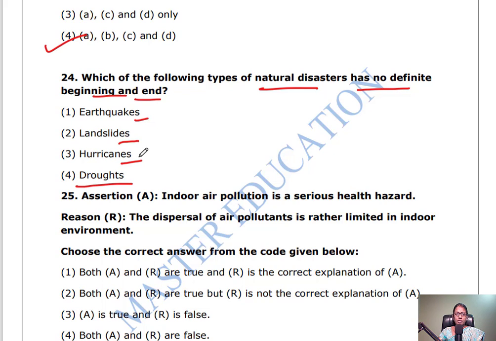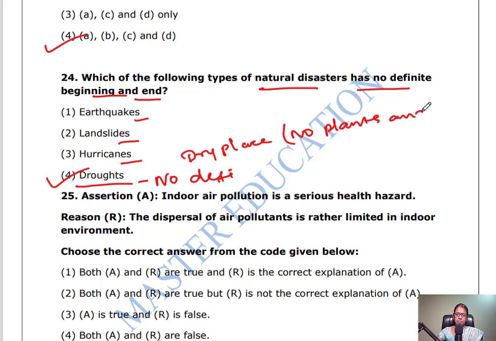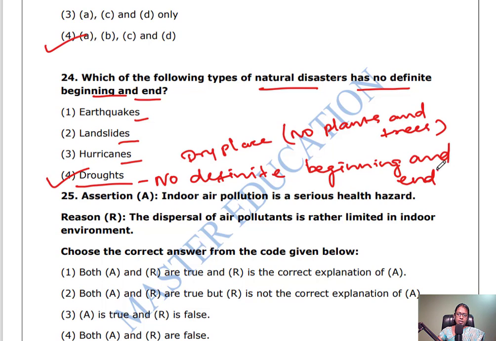But for a drought we don't know; it has no definite beginning or end. Drought means a dry place with no plants and trees, normally like Rajasthan. So no definite beginning and end, that is called a drought.